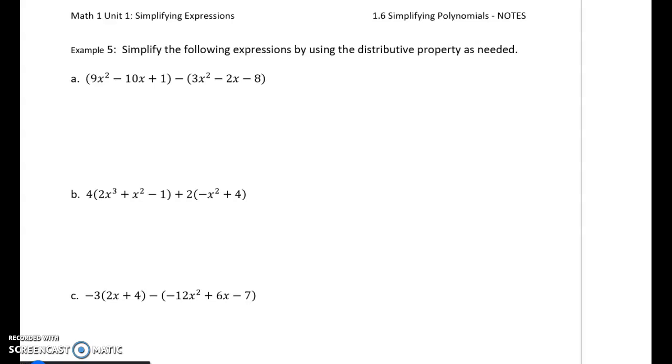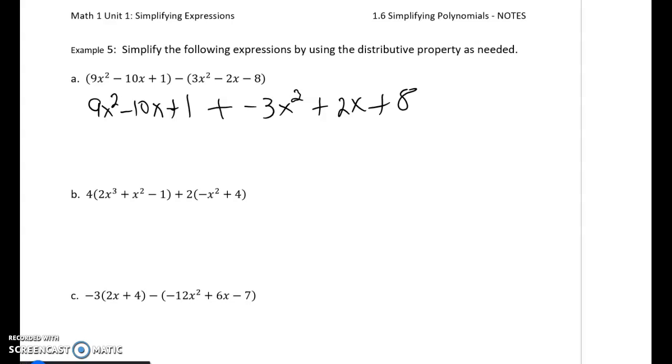Let's simplify the following expression by using the distributive property. Here we are subtracting polynomials, and when we subtract polynomials, we want to add the opposite. So we're going to make some adjustments. With the first polynomial, I dropped the parentheses. We don't need that.